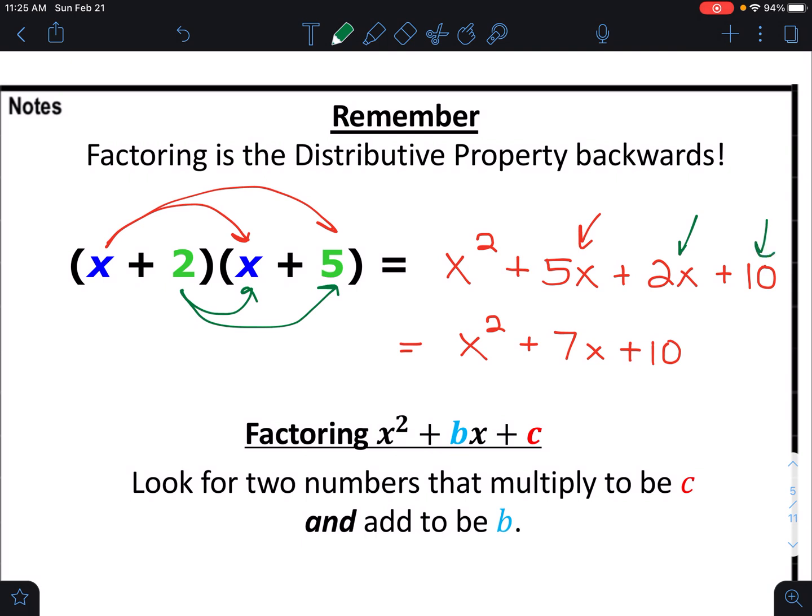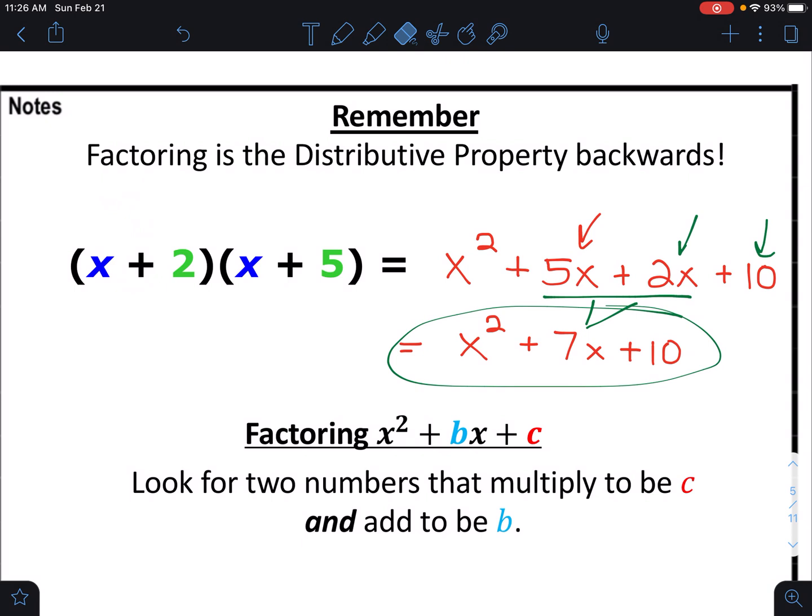So you'd get x squared plus 5x plus 2x plus 10, and then you would combine these like terms: 2x plus 5x is 7x. So my answer here would be x squared plus 7x plus 10. So that's if you distribute.